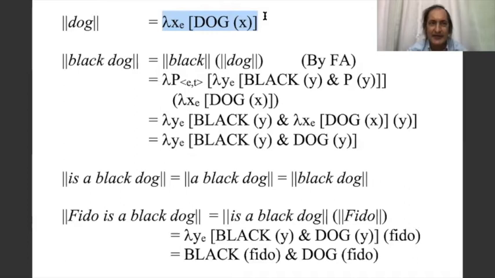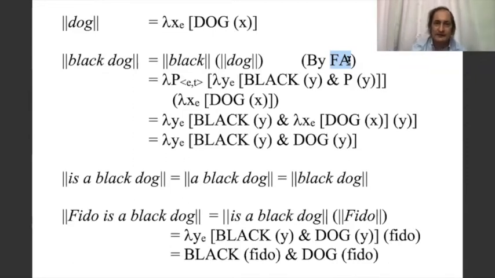And now we've defined black in such a way that it can be a function that can take that kind of thing as its argument. And so we can put these two together by function application, which I abbreviated FA because it was too long to squeeze in here otherwise.